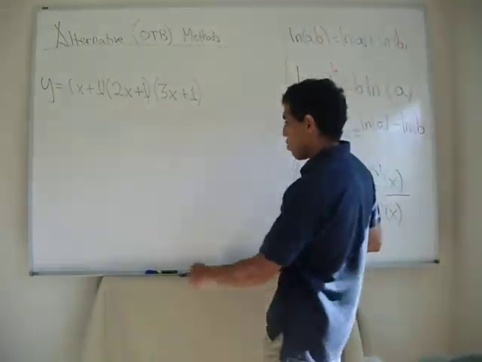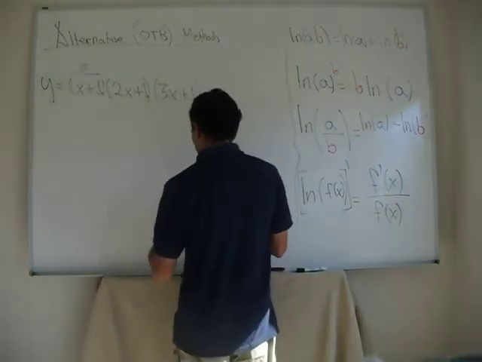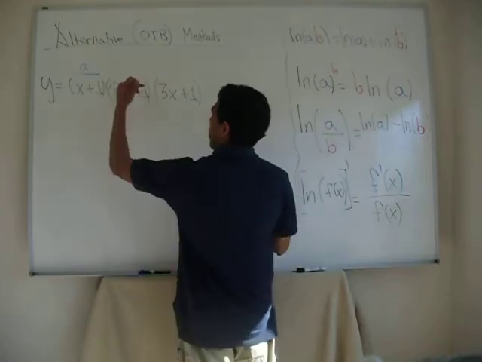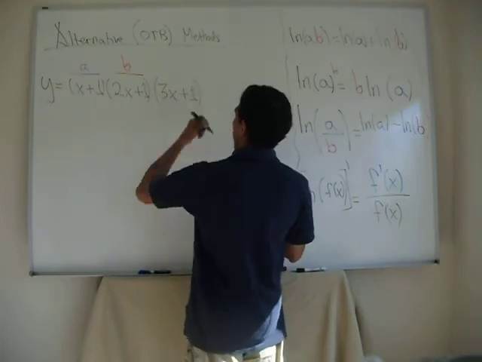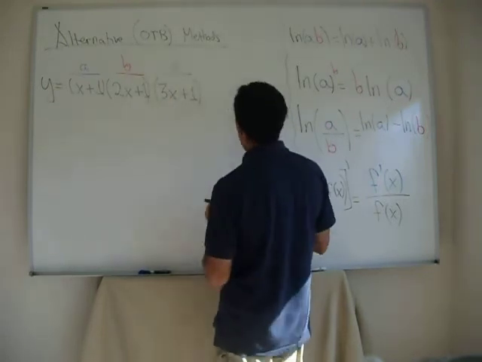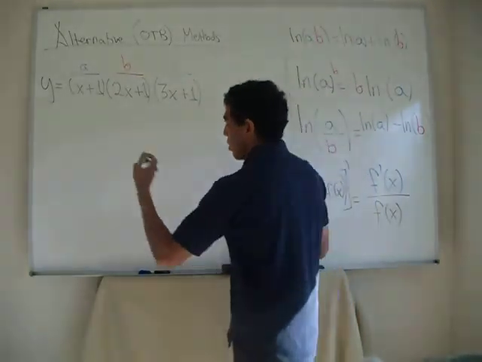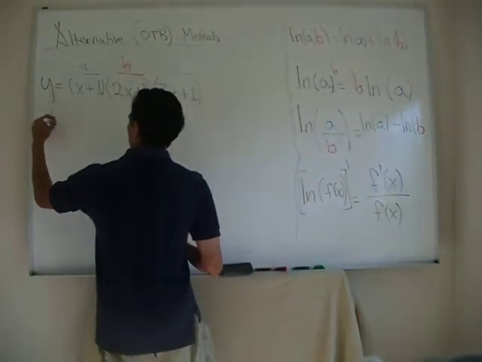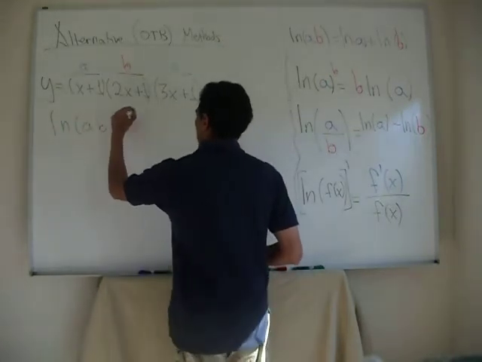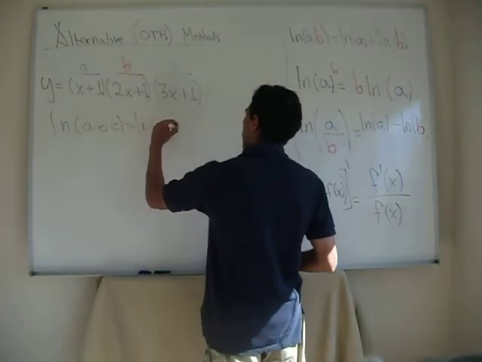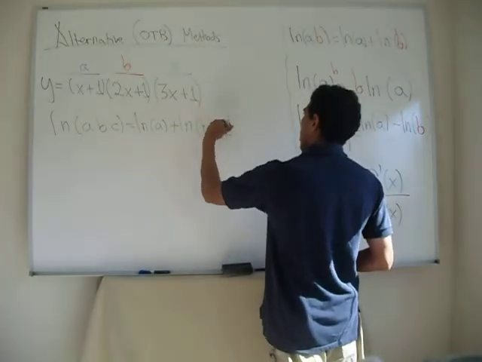We're going to have a product of three elements right here: element A, element B, and element C. And as you may have imagined, I can just make a little tweak on the first property and say something like the logarithm of A times B times C equals the natural logarithm of A plus the natural logarithm of B plus the natural logarithm of C.